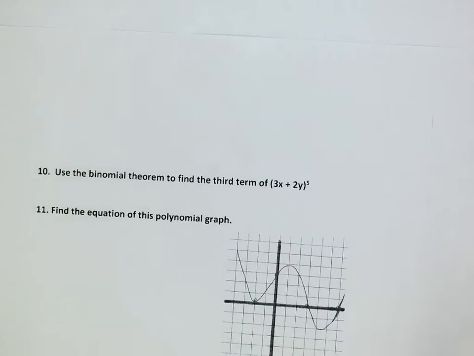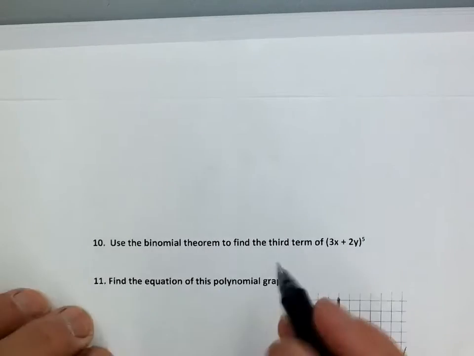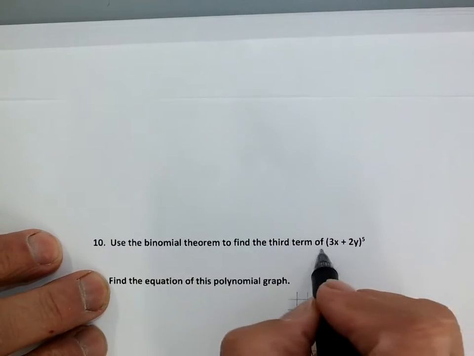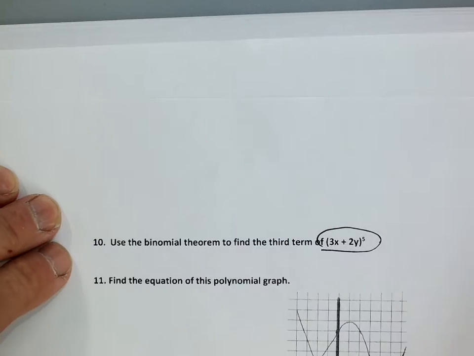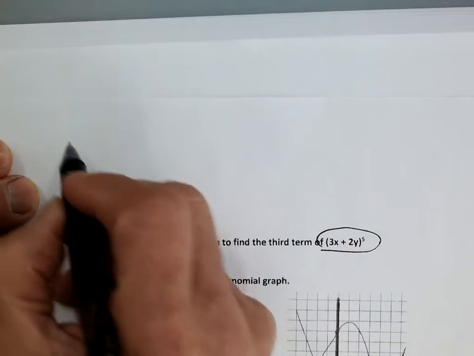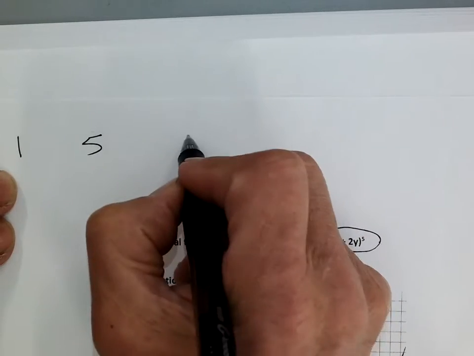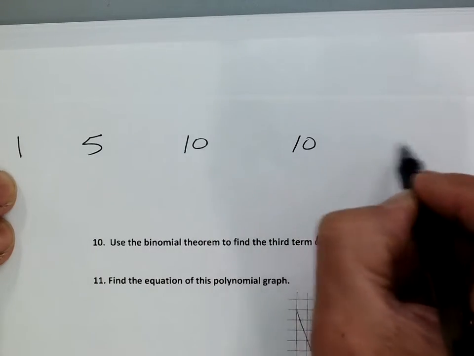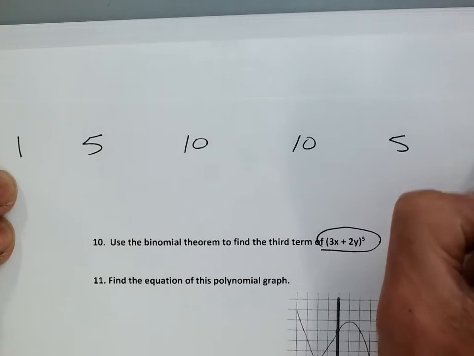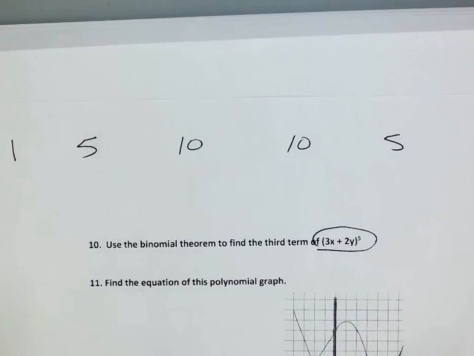10, Pascal's triangle. Okay, if you got to expand this, 5th row of Pascal's triangle, which I believe is 1, 5, 10, 10, 5, 1. I believe that's 5th row of Pascal's triangle.